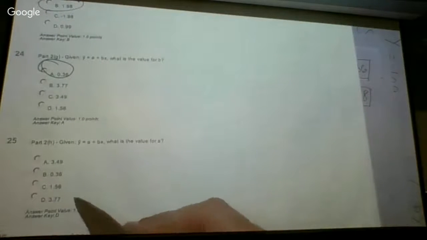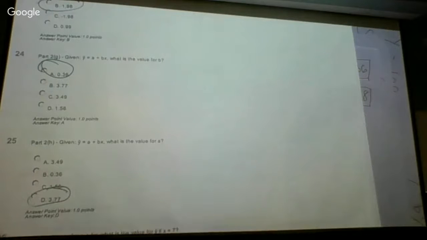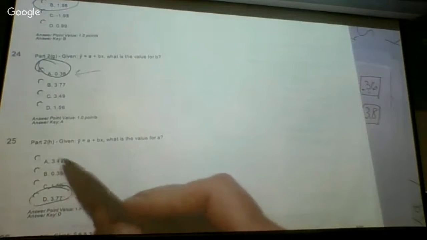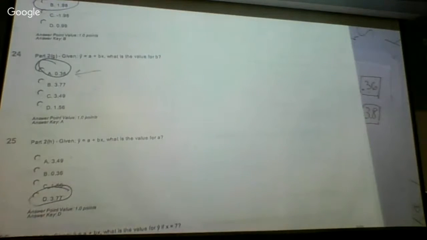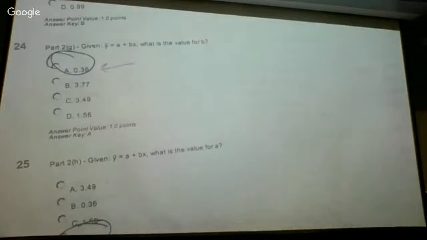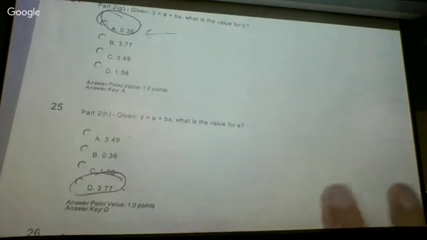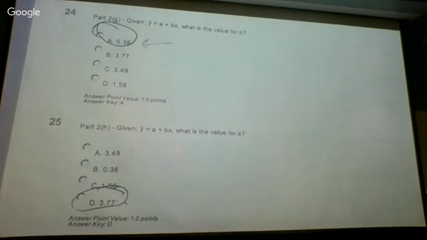You see a value that's 3.77. I notice up here, this is the only one that's even close to what mine could be. 3.77 and 3.49. Both of those are close. This one's obviously right. So for 24 and 25, that's what we got from Excel.